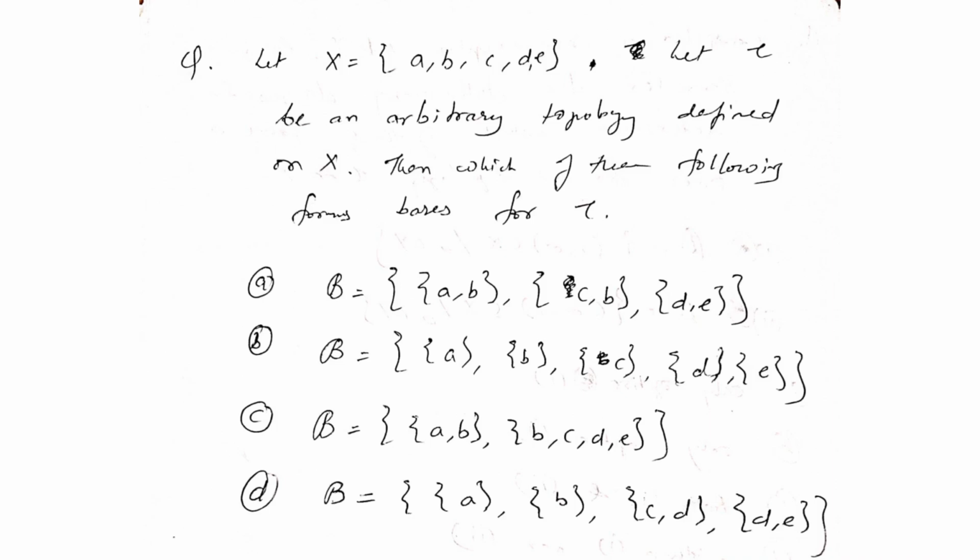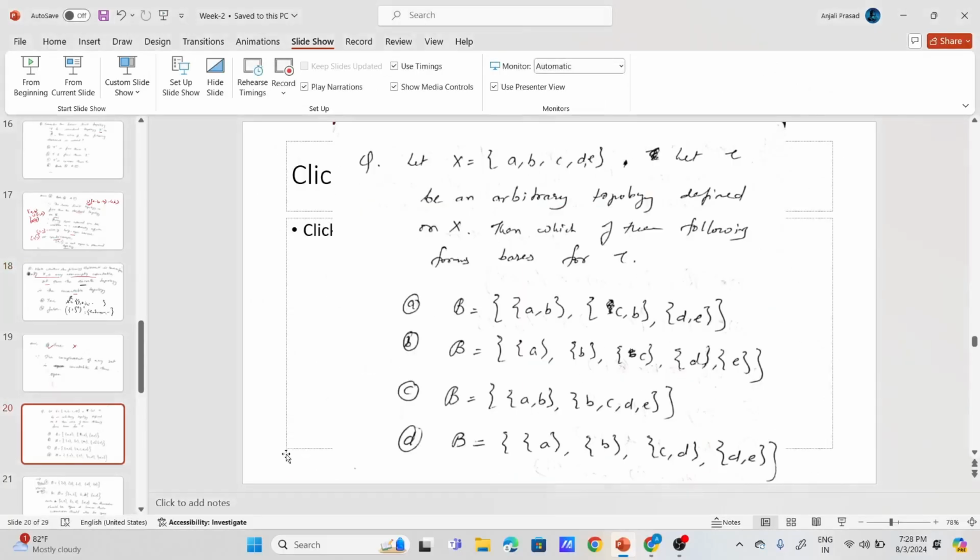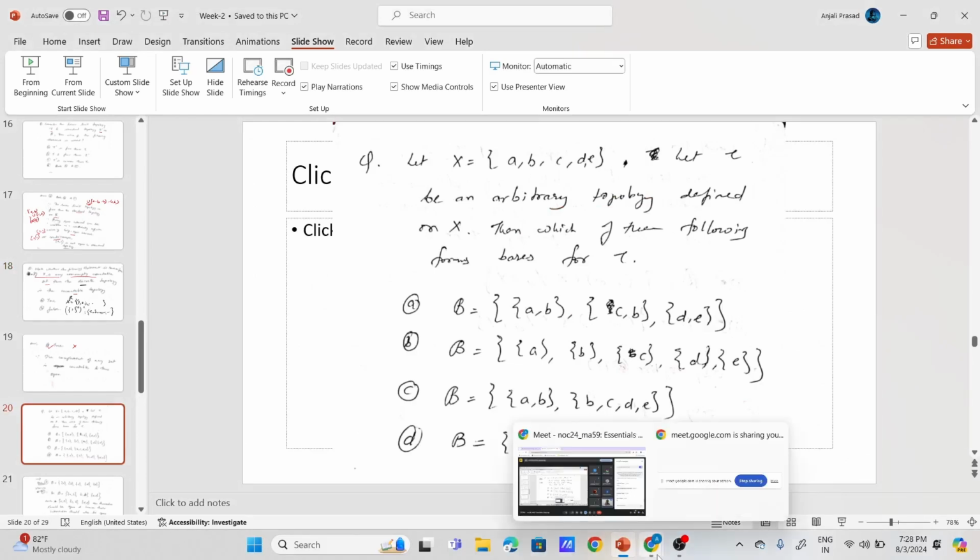Again, I'm repeating the question: you have set X with elements A, B, C, D, E, and tau is the arbitrary topology. You have to find which of these classes B forms a basis for this tau. Let me know your answers.